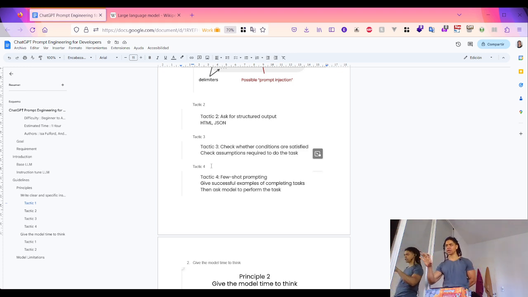This is more for the machine learning aspect, meaning give successful examples of completing tasks and then ask the model to perform the task.